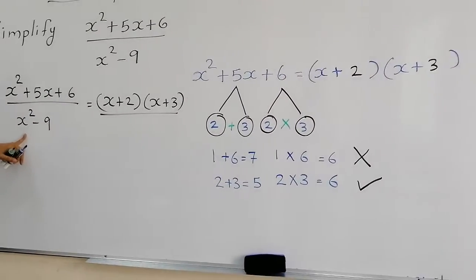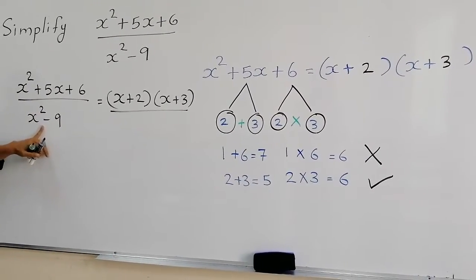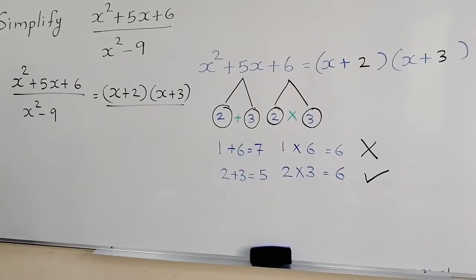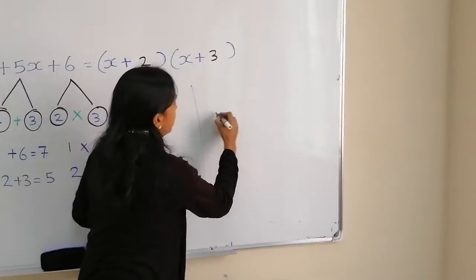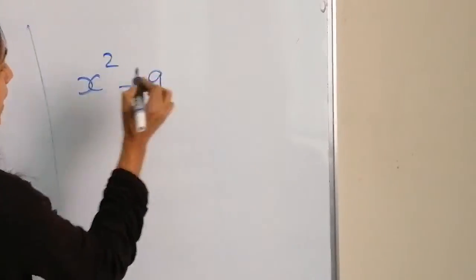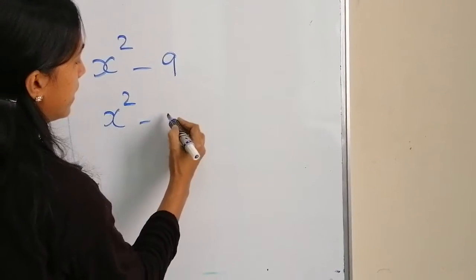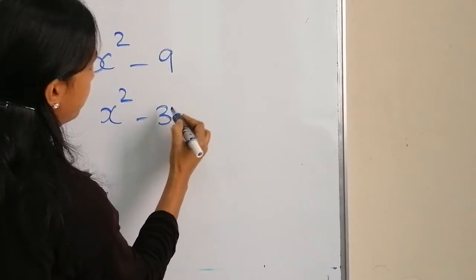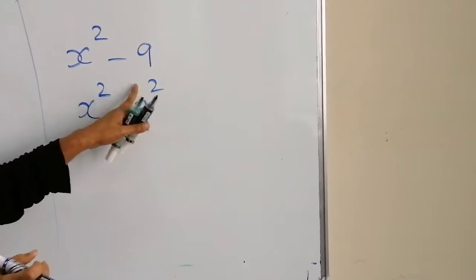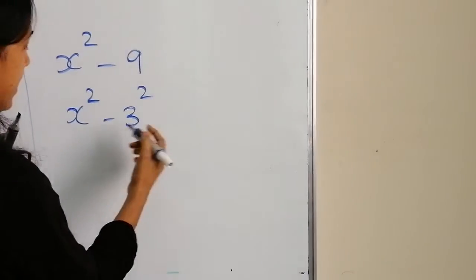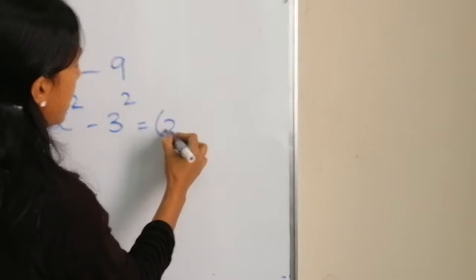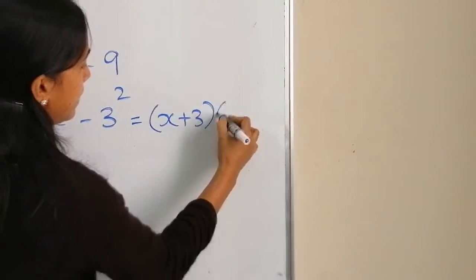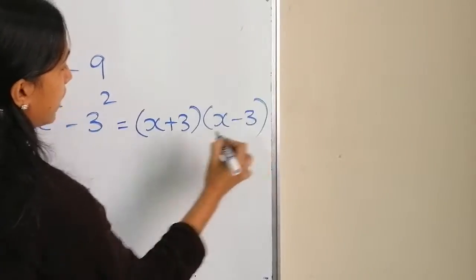Now we need to find the factors of x squared minus 9. We know that 9 is 3 squared, or 3 to the power 2. In this case, as you studied before, the factors will be x plus 3 and x minus 3.